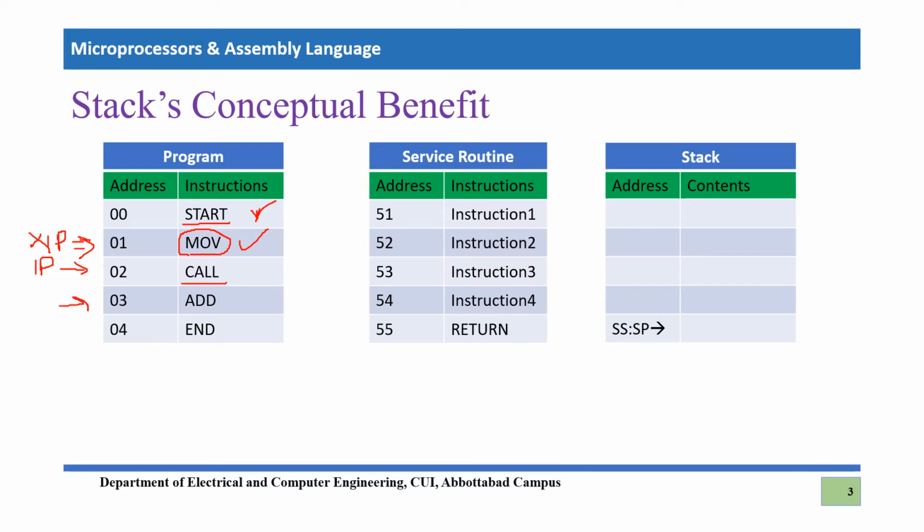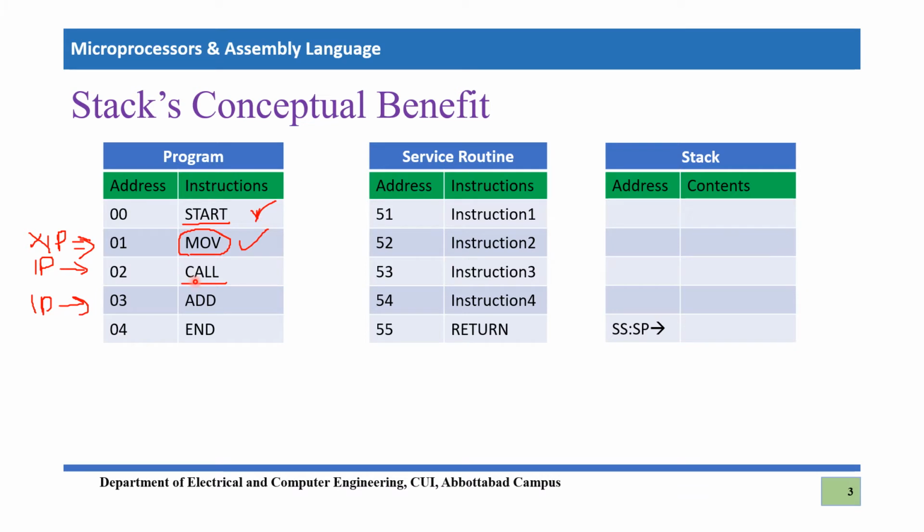This instruction, that is the normal sequence of the code segment. Since the call instruction is under execution, IP will be pointing to this add instruction. So during the execution of call, the microprocessor comes to know that this is a call instruction, and we need to switch to a different service routine program which is not written in this particular program or code.